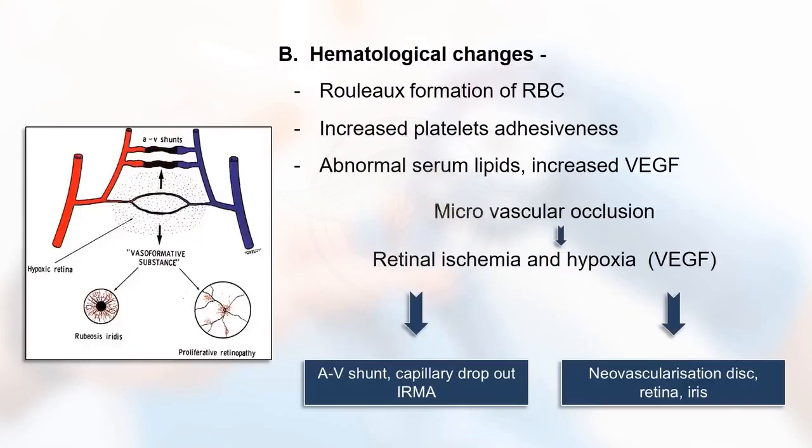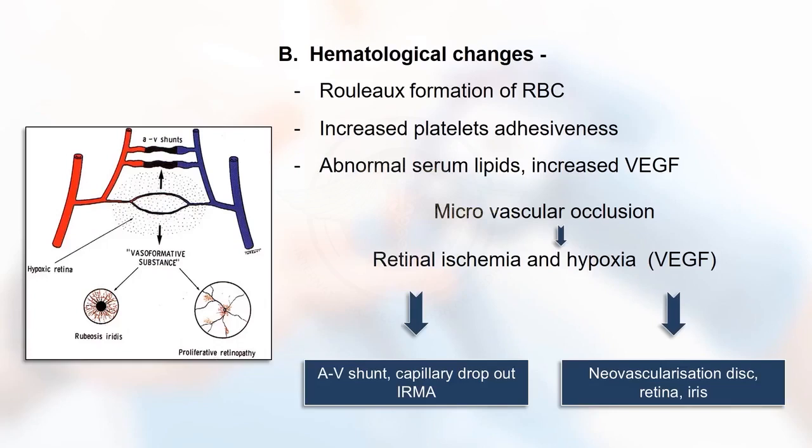These are the hematological changes, the rouleaux formation of RBC. RBCs are of different shape and size, and there is rouleaux formation with adhesion, there is increased platelet adhesiveness, there is abnormal serum lipids, increased vascular endothelial growth factor, leading to microvascular occlusion, retinal ischemia, and hypoxia, leading to more vascular endothelial growth factor.